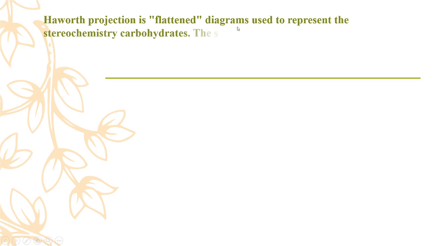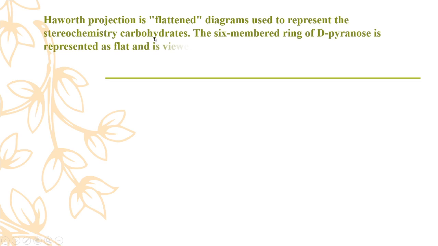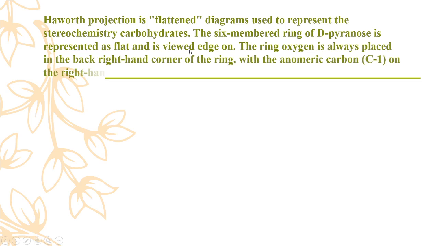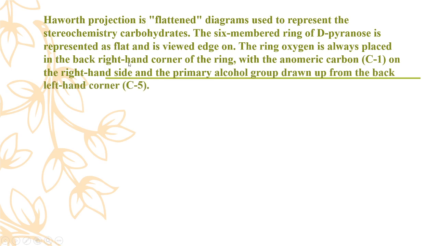So what is the Haworth projection? The Haworth projection is a flattened diagram used to represent the stereochemistry of carbohydrates. The 6-member ring of D-pyranose is represented as flat and viewed edge on. The ring oxygen is always placed in the back right hand corner.